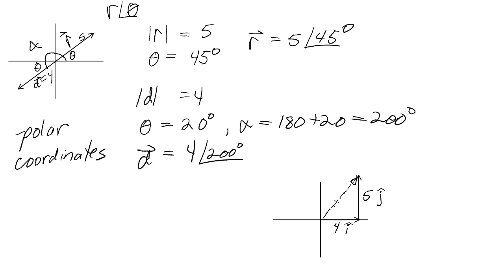And we can still label this r, because the vector is going to be pointing in a straight line to a certain point in space. So we would say that r in this case is, in rectangular coordinates, 4i plus 5j.